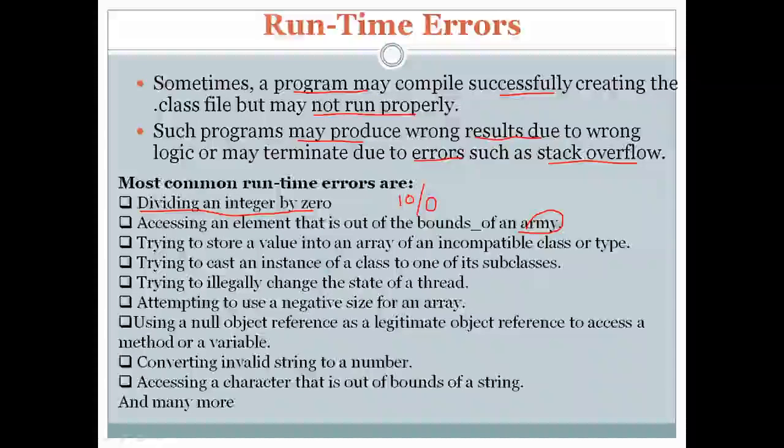Trying to store a value into an array of incompatible class or type, meaning if you have an array of type integer and you are trying to store a string into it, that may lead to a runtime error as well. Then trying to cast an instance of a class to one of its subclass, or trying to illegally change the state of a thread, or there are many other runtime errors.